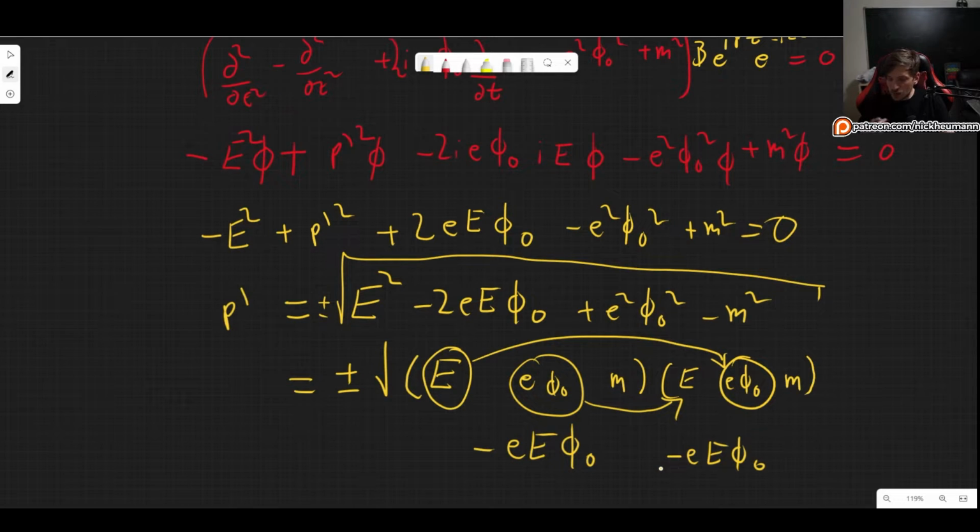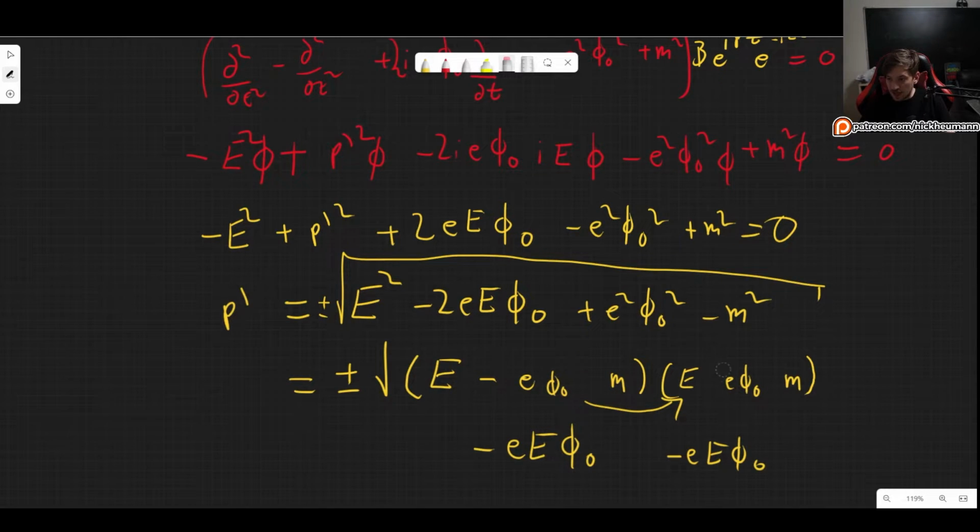So how can we accomplish that? Well, in that case, both of our energies would have to have a positive sign, and this e phi 0 would need a minus sign, and the other one also has to have a minus sign, right? They have to have the same sign as we just saw. So this times this needs to be negative, this times this needs to be negative.